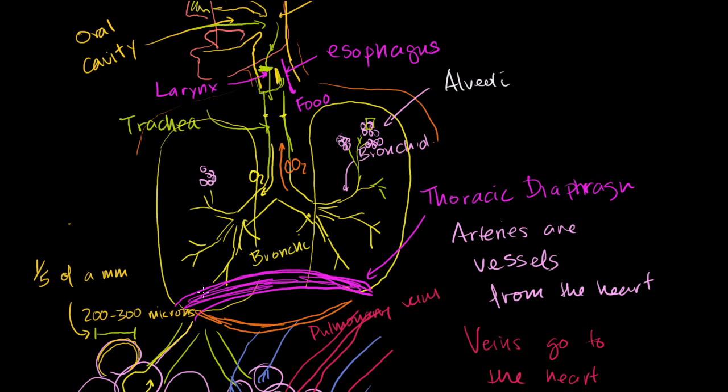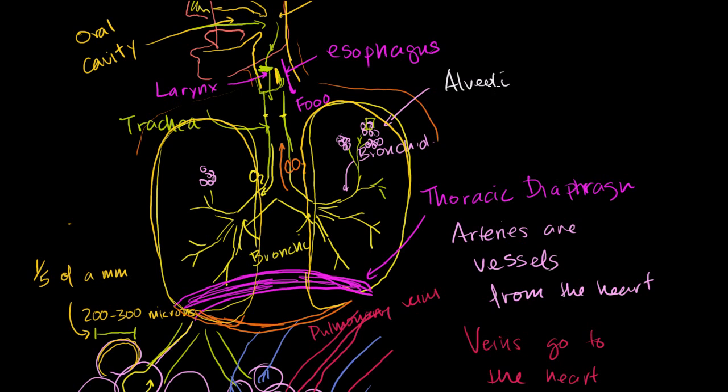It's like pulling a balloon larger, or making the volume of my lungs larger. And as the volume of something becomes larger, the pressure inside of it goes down. If you remember from physics, pressure times volume is a constant.